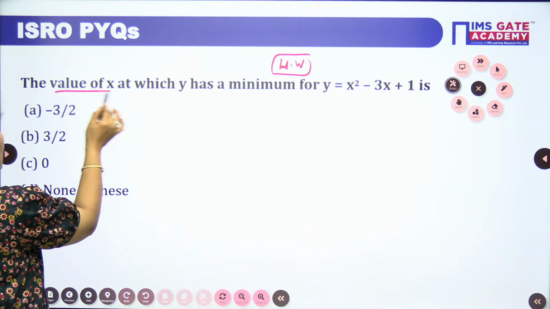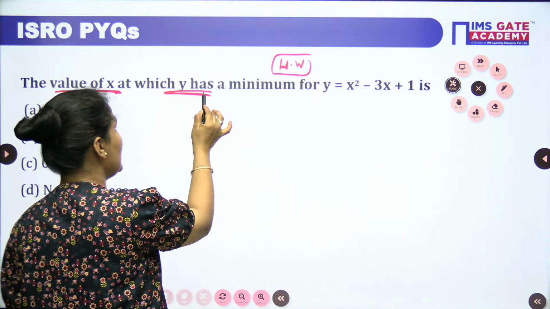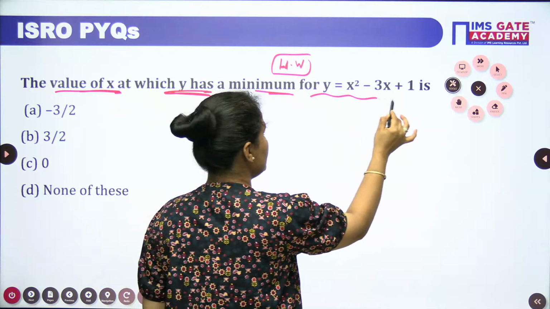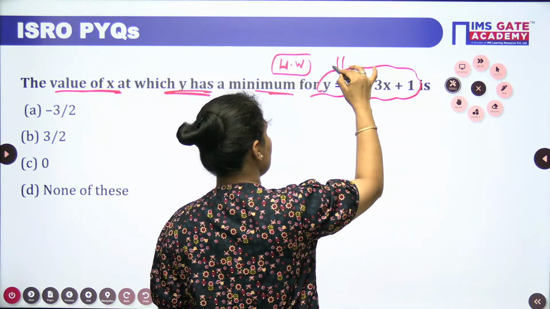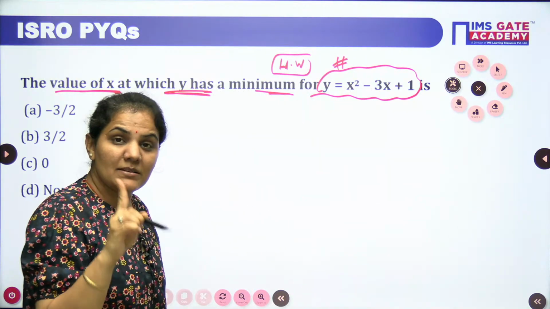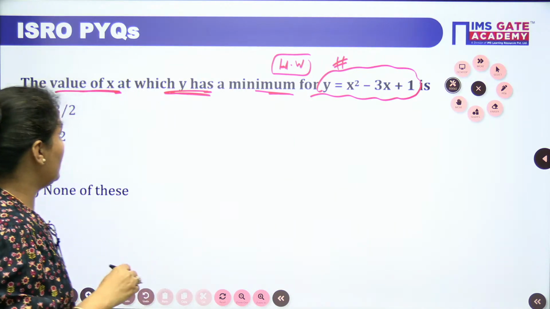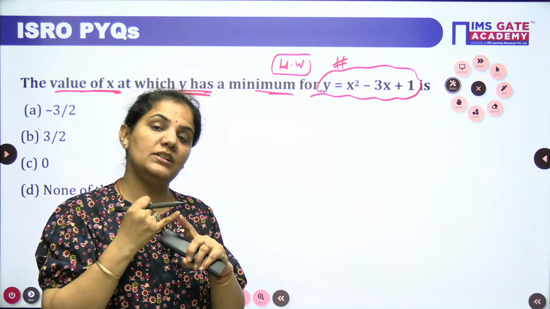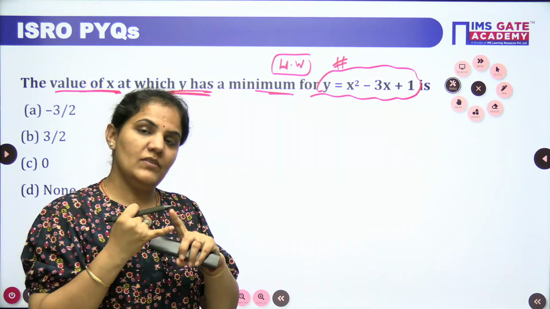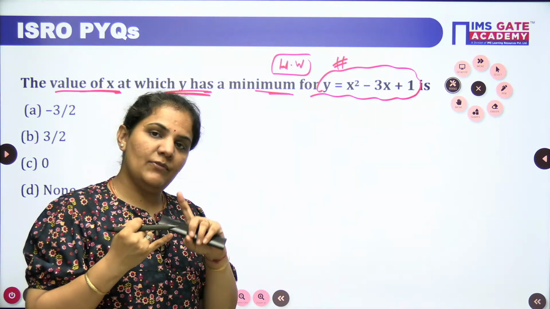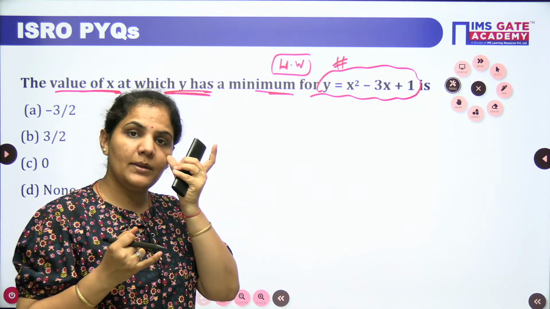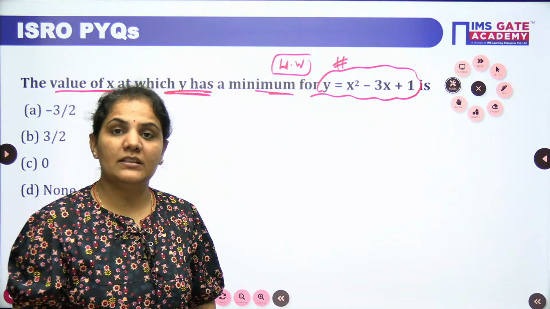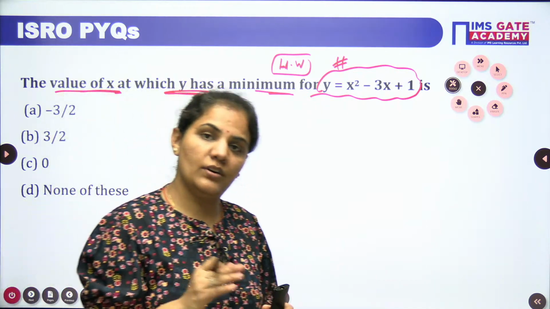So you can see the question: the value of x at which y has a minimum, for y equals x square minus 3x plus 1. This is basic maxima minima for one variable, where you first need to find the first order derivative and put it equal to 0. We will find the point, and since you are asking about the minimum, we will also find the sign of the second order derivative.